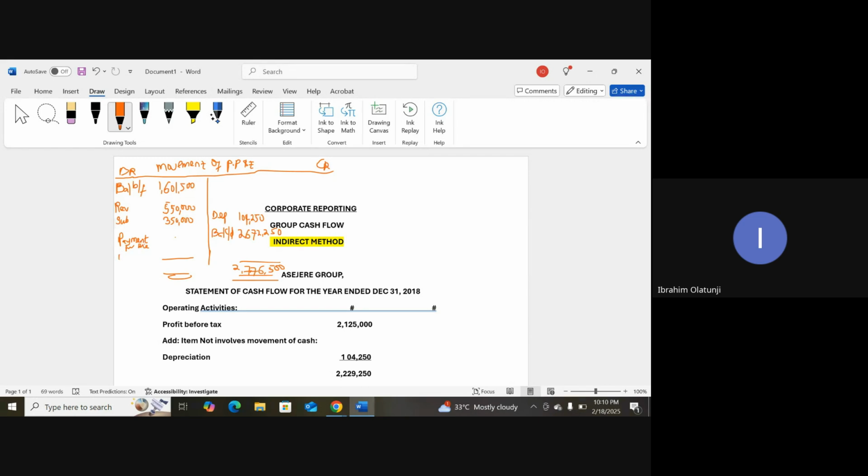Payment for acquisition of tangible assets. So we have the difference is 275,000. This is the payment for tangible asset.